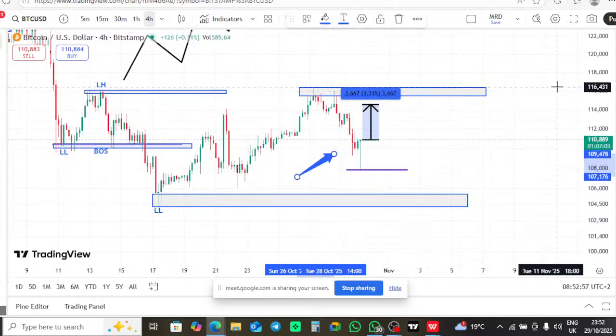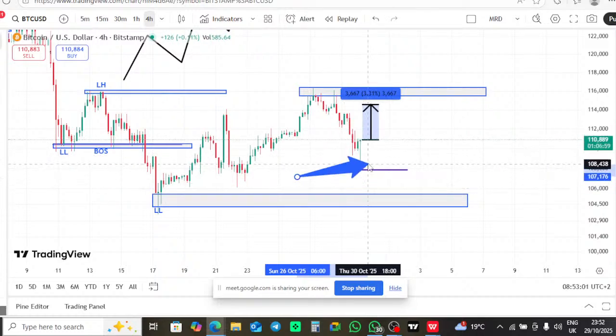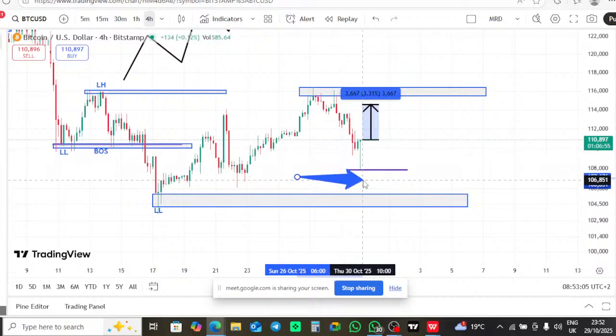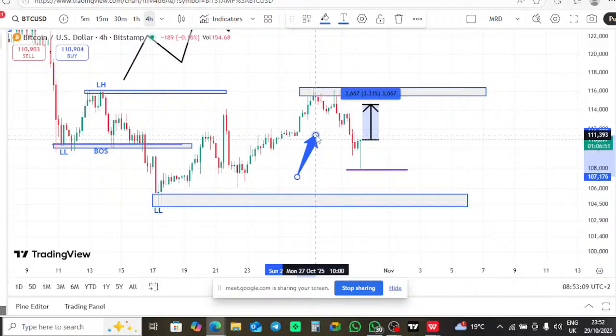If this market comes back and breaks this level, it means they have hit my stop loss. I will accept a small loss and I get out of the market. Are we together? I will definitely accept a small loss.